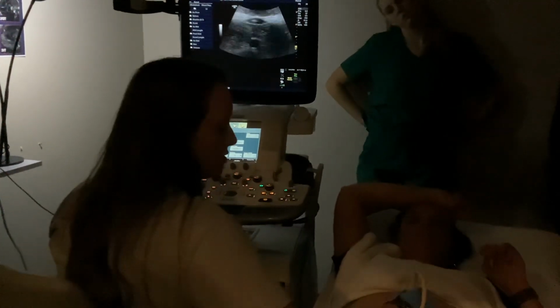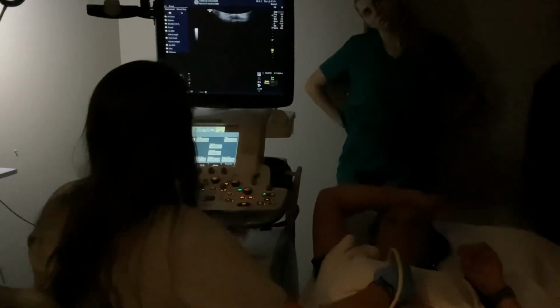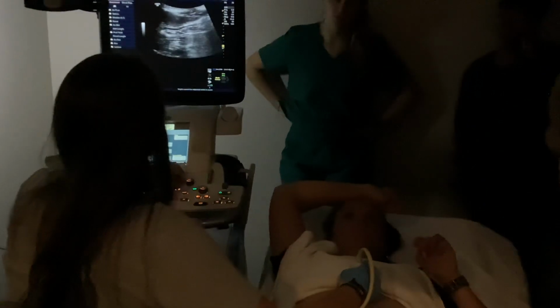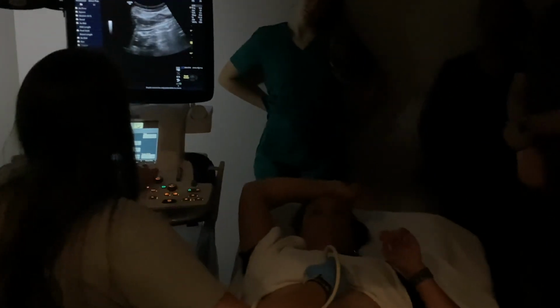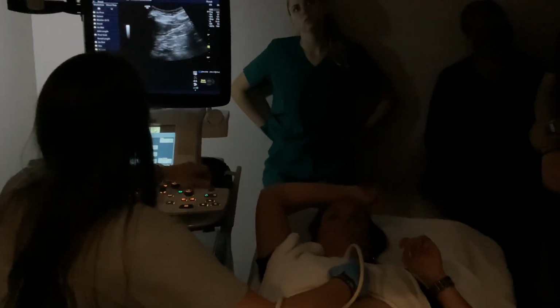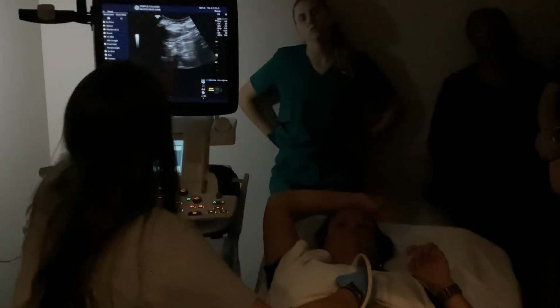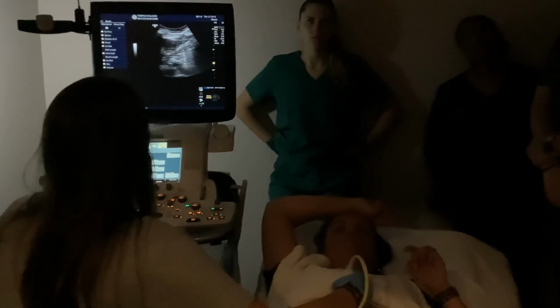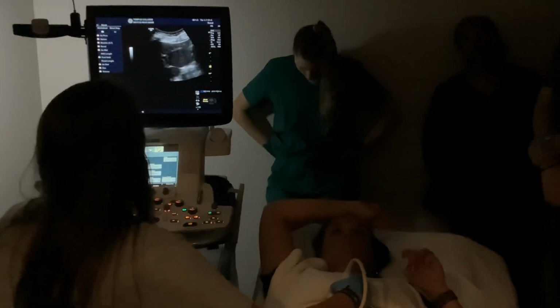And prox transverse. That one's a little tricky, actually. So for the prox transverse aorta, you can see it here on my screen, but it's not very clear. I need to be able to see those walls for measurements. Take a deep breath and hold it.